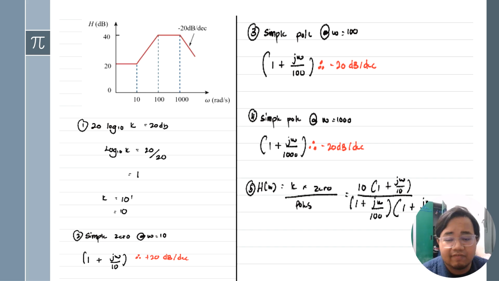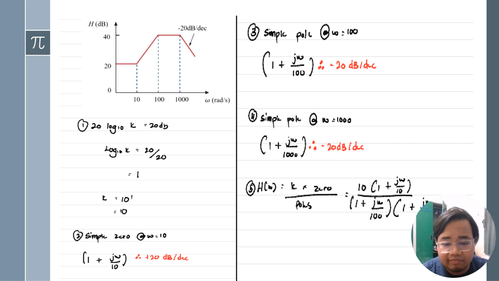So the step 5, we assemble the final function. We combine all the parts using a standard transfer function structure, which is H omega equal to K multiplied by zeros per poles.